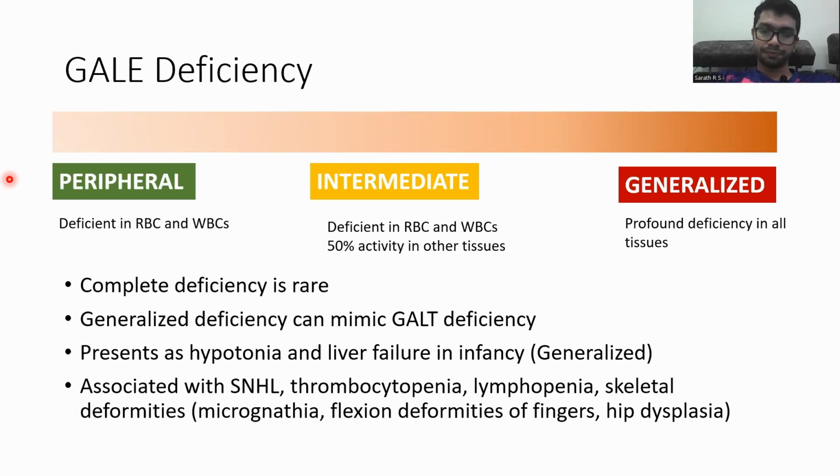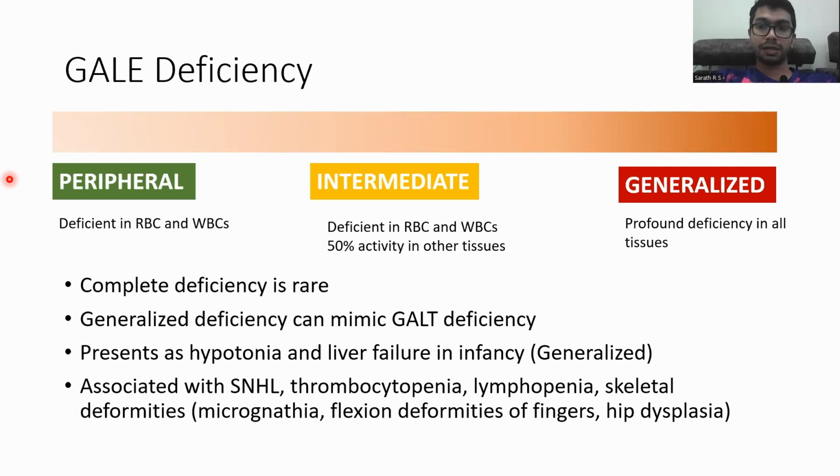In the intermediate form, there will be deficiency in the RBC as well as WBC. However, 50% of enzyme activity will be present in all the tissues. Even 50% is good enough to avoid liver and kidney complications. So again, these people will also remain asymptomatic. However, the rarest one among epimerase deficiency, that is the generalized epimerase deficiency, they will be having low activity in all the tissues.